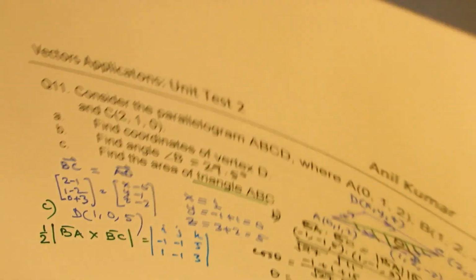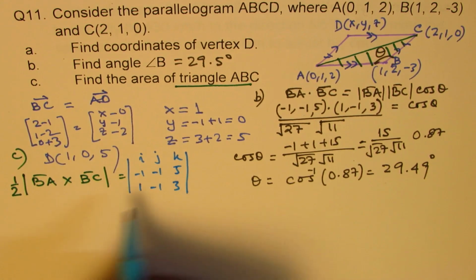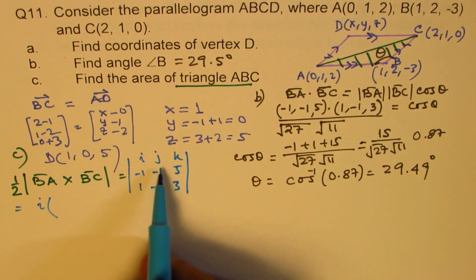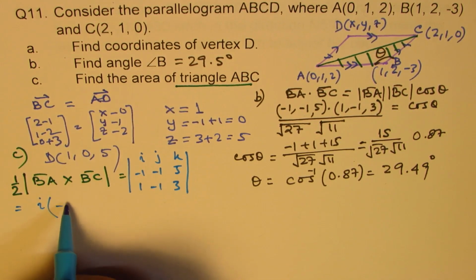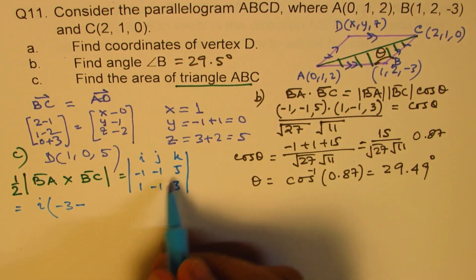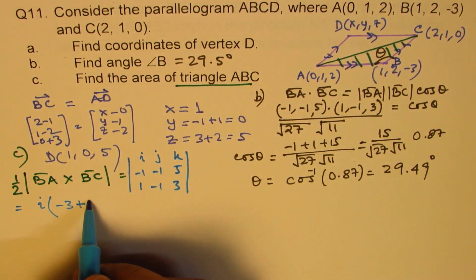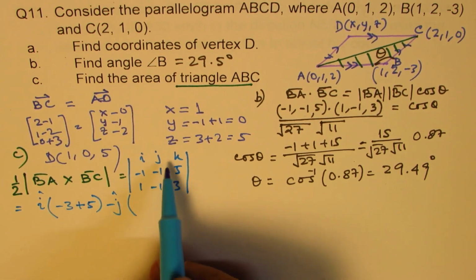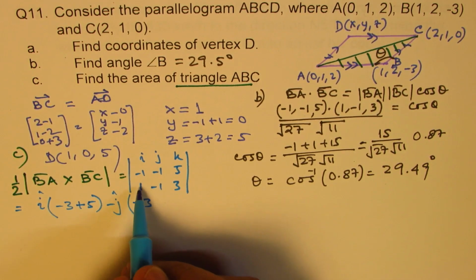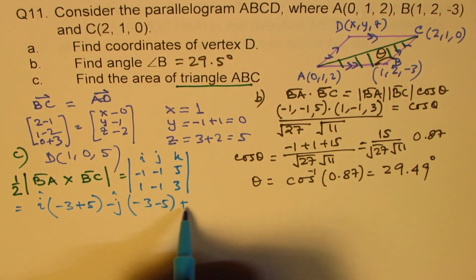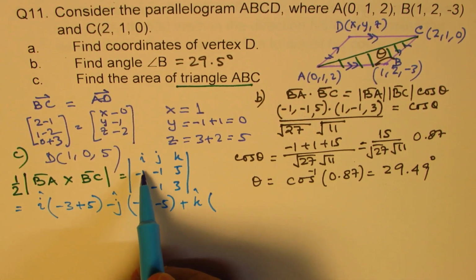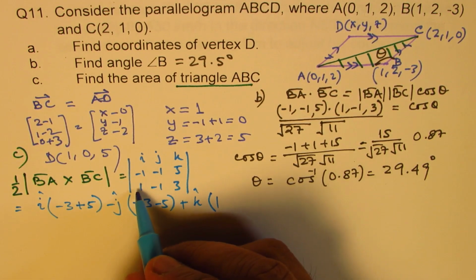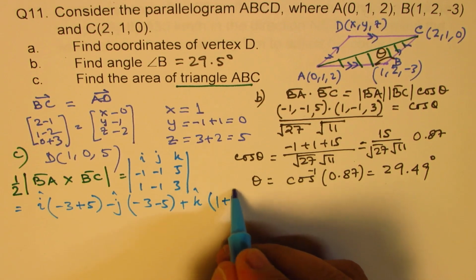So we get i times -3, minus that makes it +5. Minus j times -3, and that gives me -5. Plus k, that gives me +1 and -1, minus and minus becomes +1.